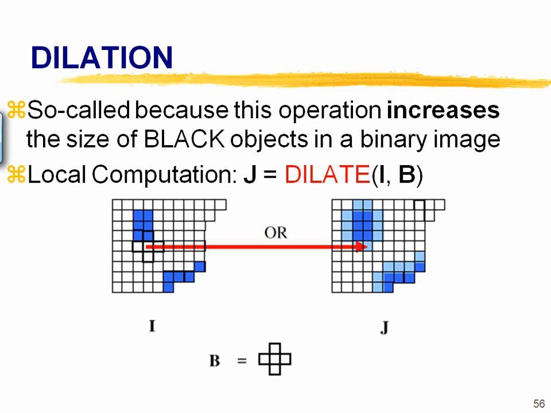The pixel values within that are all zeros, so I'm performing an OR on basically 5 pixels, which are all zeros. I get a 0, which becomes the value for J of i comma j.